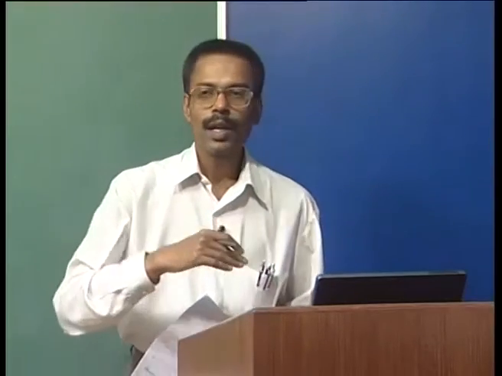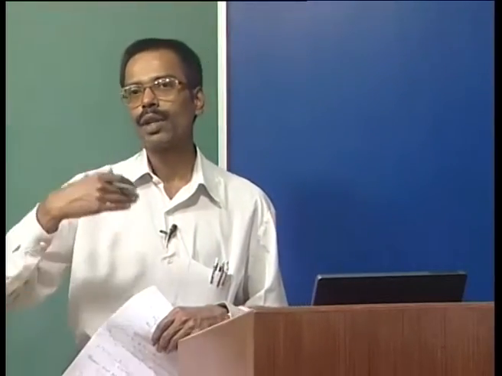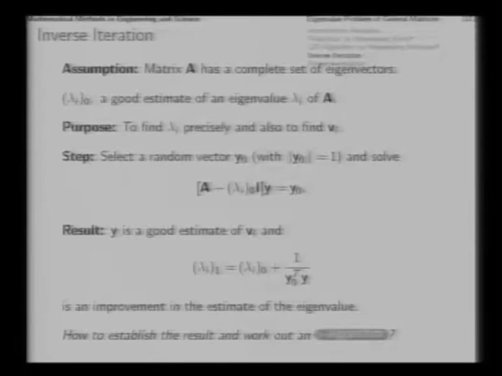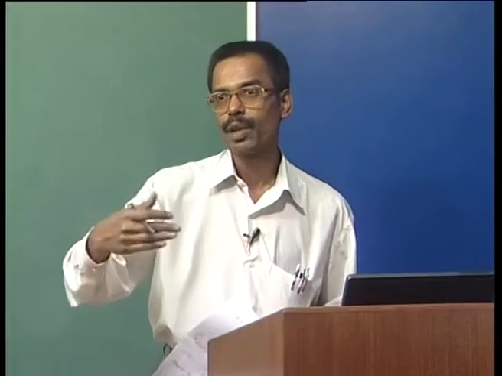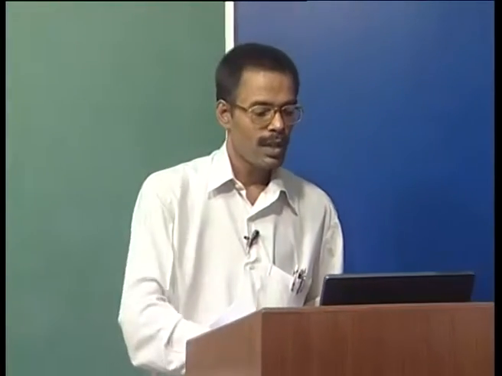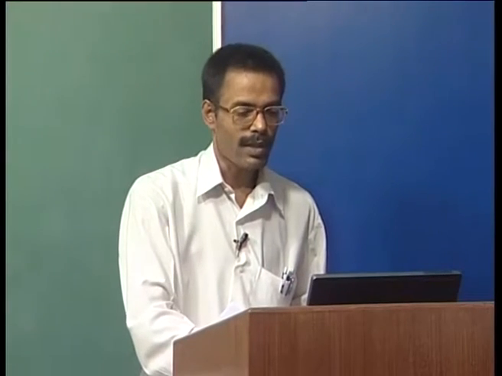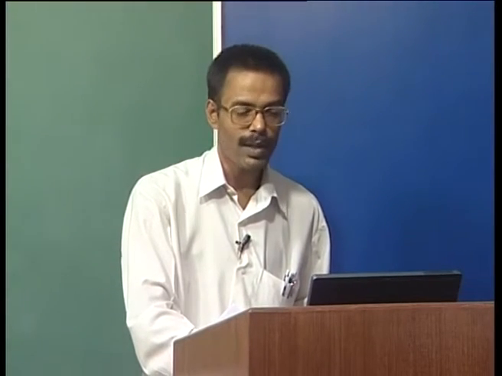Not only that, in the later iterations towards convergence, this matrix will become more and more ill conditioned, because lambda I estimates will become more and more precise. So, this algorithm is tricky, and we have to handle it carefully.